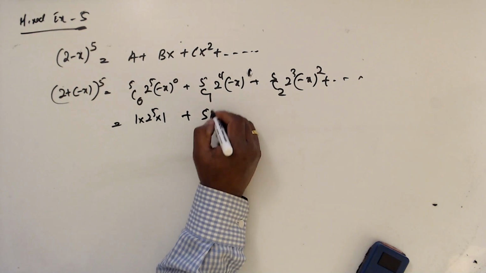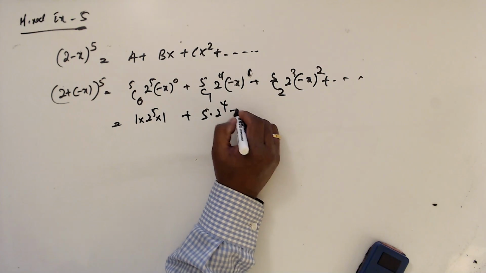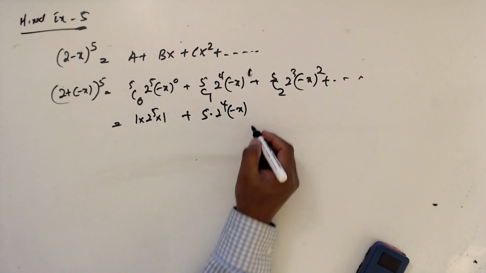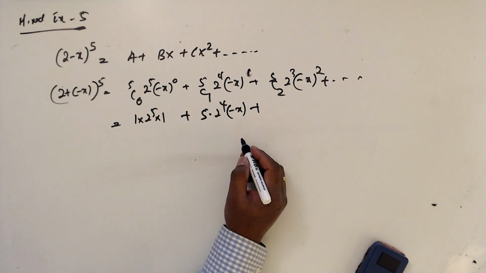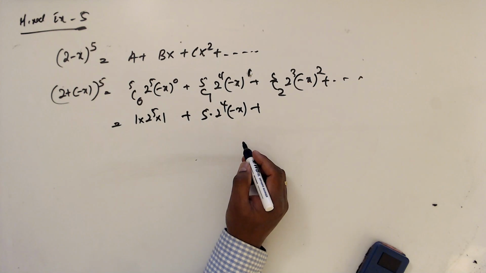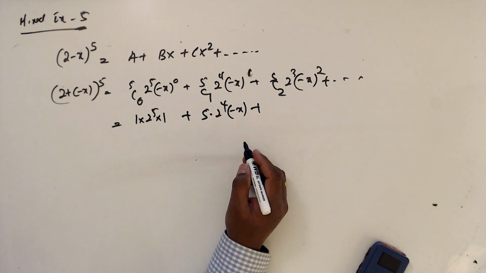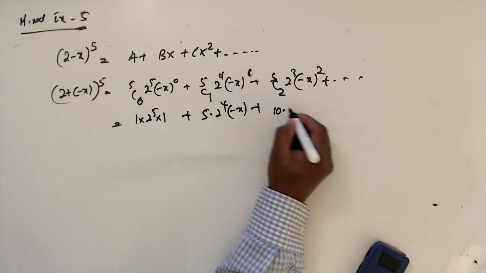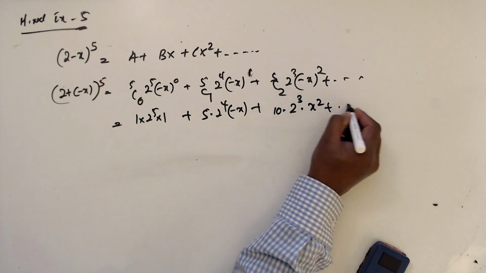This is 5 and 2 to the power 4, and this is going to be minus x, and this is 5c2. Now we need to find that, that is going to be 10. 10 times 2^3, minus x squared becomes x squared.